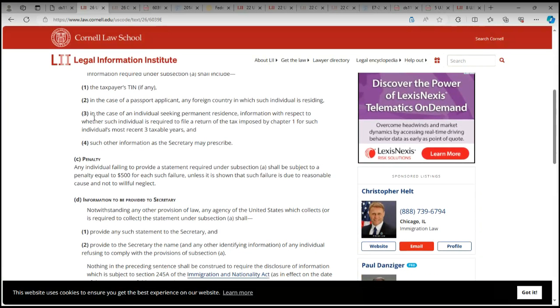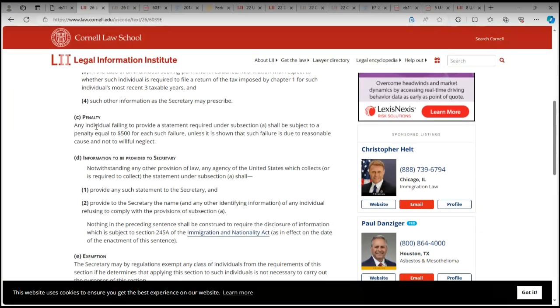Number 3, in the case of an individual seeking permanent residence, information with respect to whether such individual is required to file a return of tax imposed under Chapter 1 for such individual's most recent 3 taxable years. So Chapter 1 is income taxes. If you guys don't know, since they're talking about tax law, Chapter 1 has to reflect income taxes. And so this is 4 things. 1, 2, 3, and 4. Such other information as may be prescribed. So damn near anything that they want. Right? But of course, it can never be anything that they want.